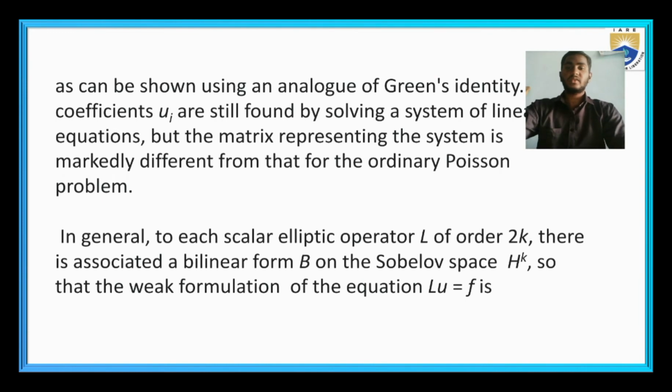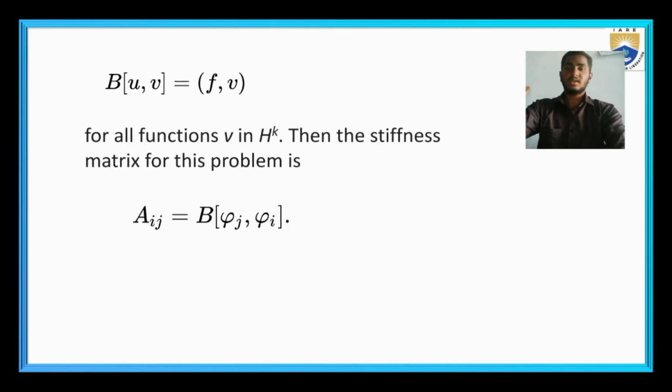In general, to each scalar elliptic operator L of order 2k, there is associated a bilinear form B on the Sobolev space H^k, so that the weak formulation of the equation Lu equal to f is B(u, v) equal to (f, v) for all functions v in H^k. Then the stiffness matrix for this problem is aij equal to B(phi j, phi i).